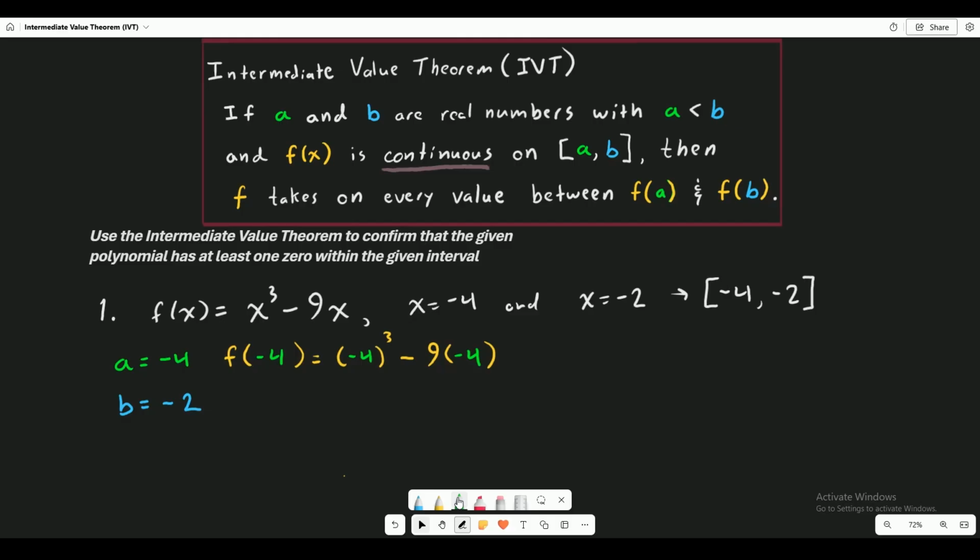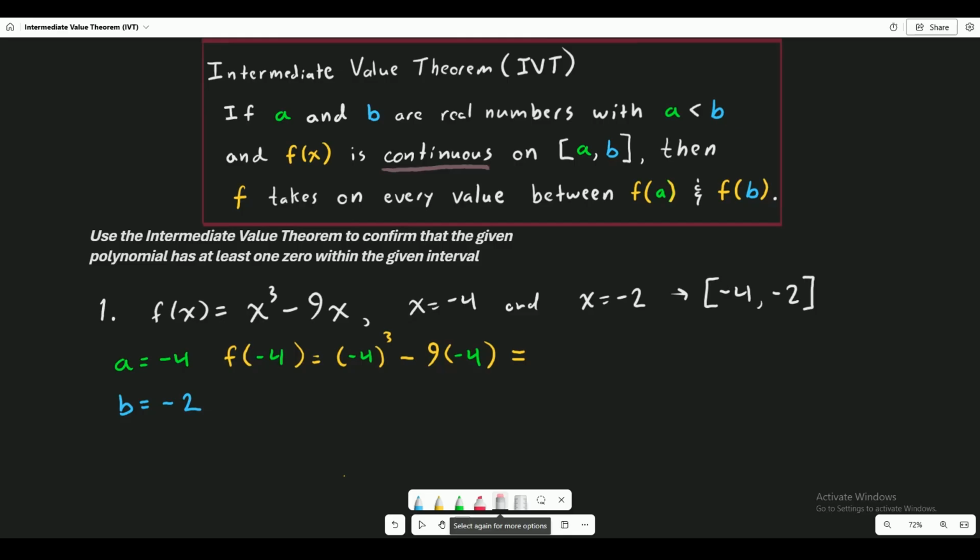So let's crunch this number out and see what we get. So this will give us our f of a value, right? Which is the first one we need. We need f of a. Right? Luckily, I have a calculator. So let's do the quick math.